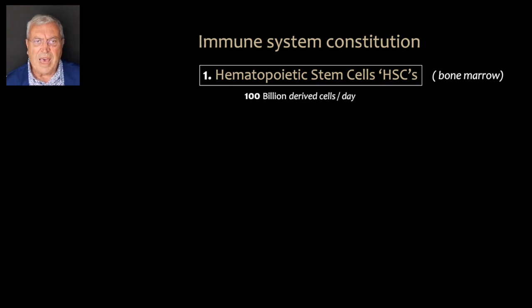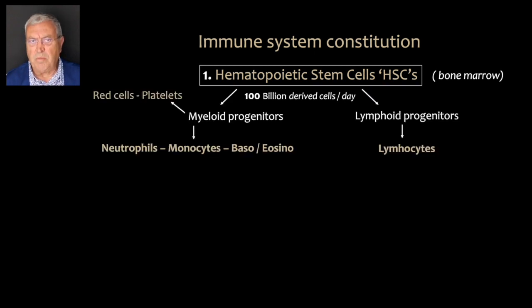They produce every day 100 billion derived cells. Every day, 100 billion. Which cells? We know them. The blood cells, platelets, red cells, white cells, lymphocytes, through the two progenitors, myeloid and lymphoid.